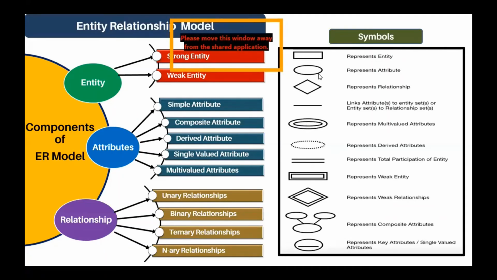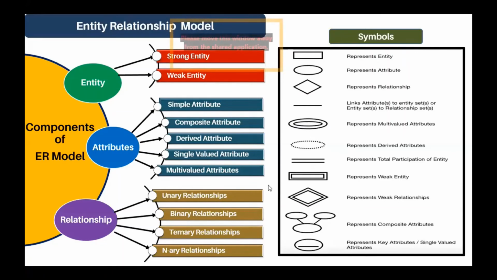Then we come to the relationships. There are four types of relationships: unary, binary, ternary, and n-ary. The name itself says it: unary means a relationship existing within the entity itself. Okay, that becomes a unary relationship.